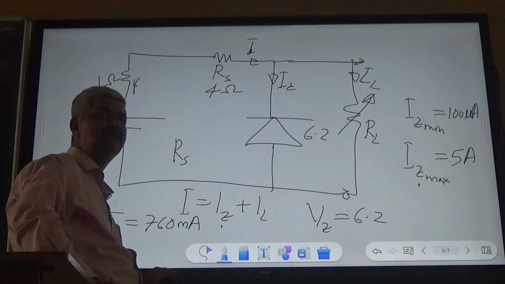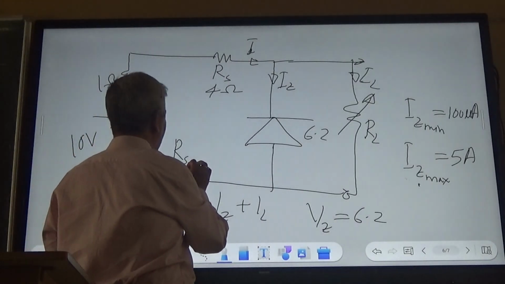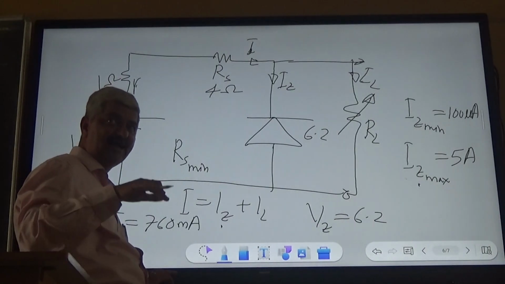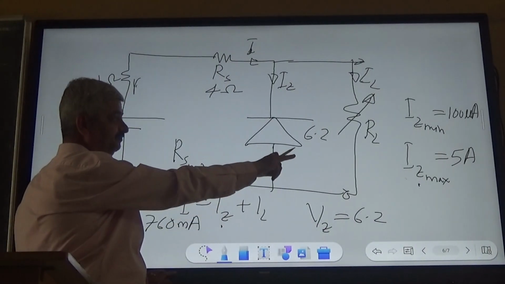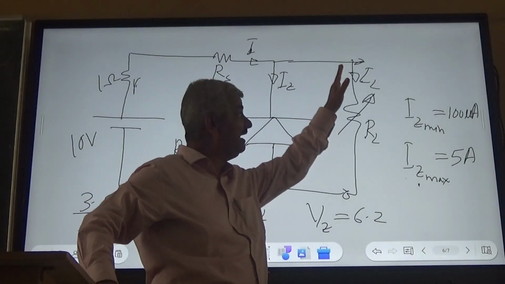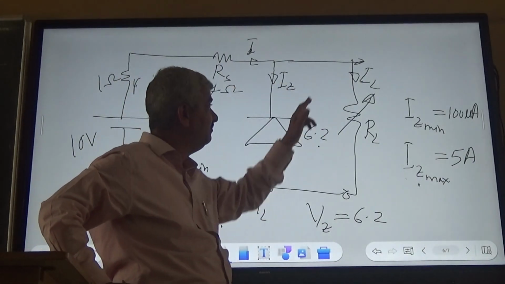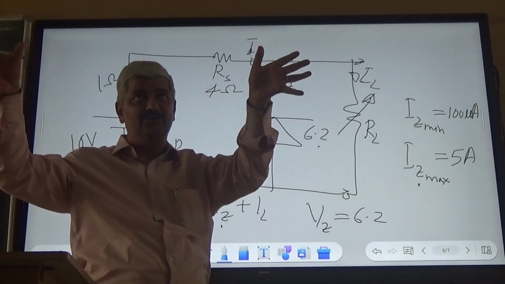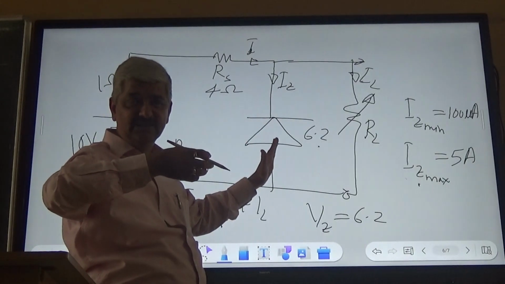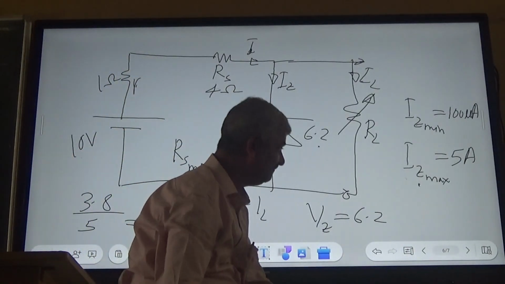That means there should be some RS min. What is RS min? That is when there is no load. There is no load, so the entire current will flow through the zener. Means you have put the regulator and not enabled the load. So the entire current will flow through the zener. So what is Iz in that case?